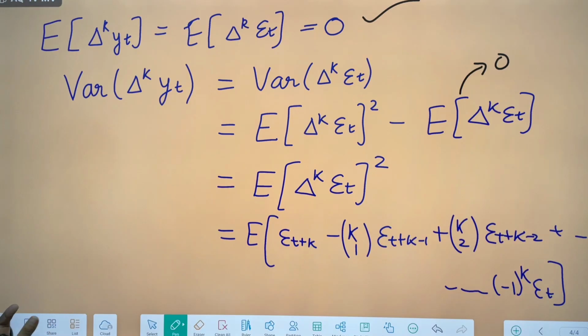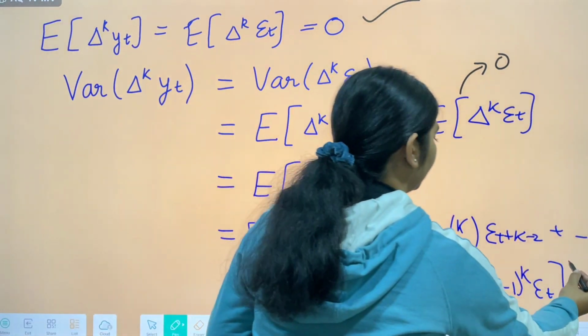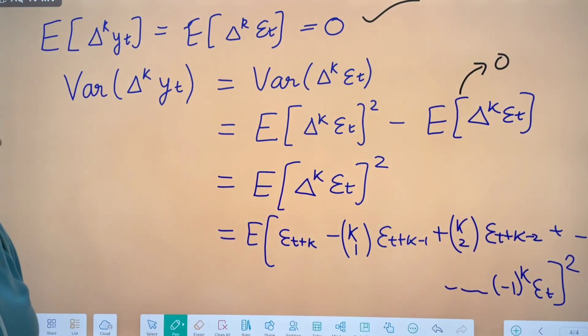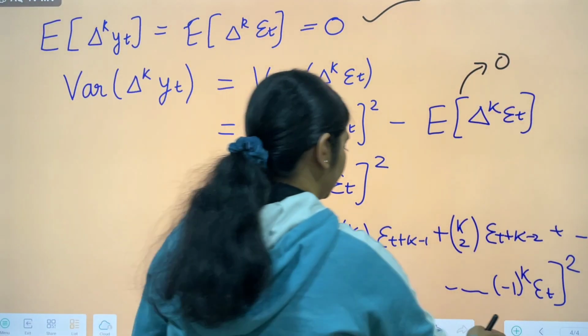If we take the expectation of this whole square, it will give us v as well. So I'm directly writing the result.